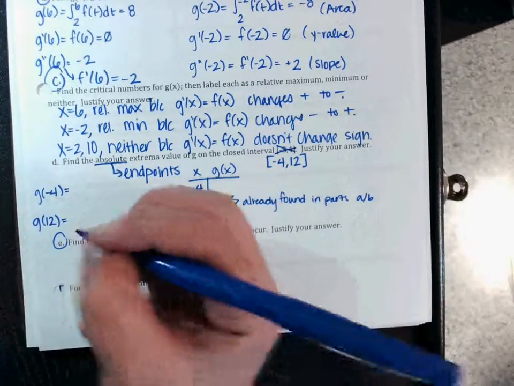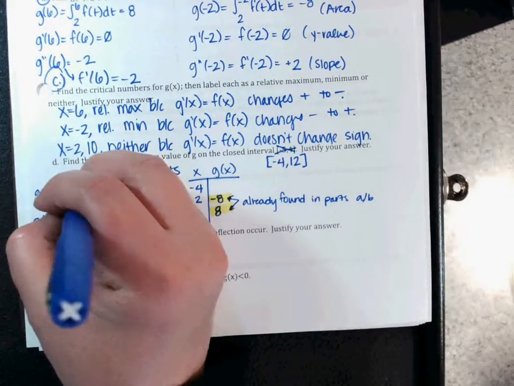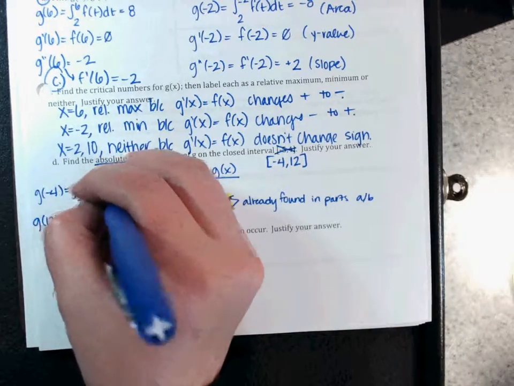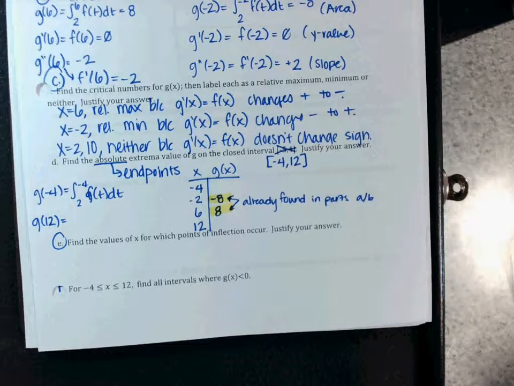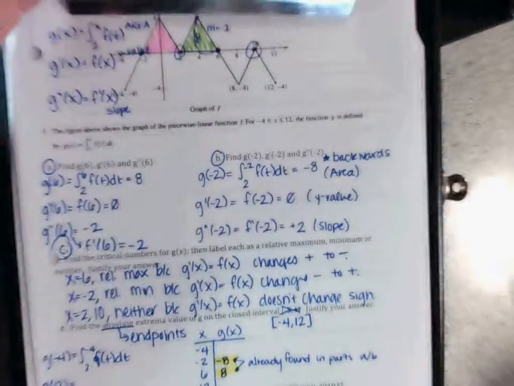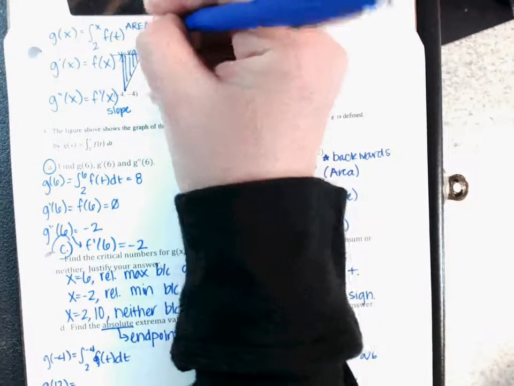Let's do negative 4 first. That would be the integral from 2 to negative 4 of f of t dt. What is the first thing you notice that's wrong with those endpoints? 2 to negative 4 is backwards. So when I find the area, I'm going to have to remember to change the sign. Negative 4 is back here, 2 is all the way up to here.